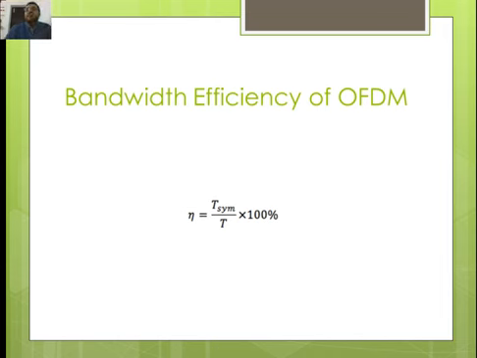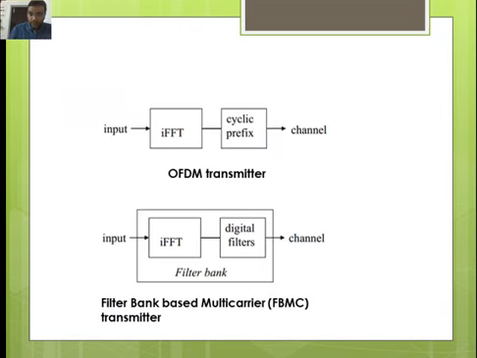This is where FBMC comes in. FBMC is targeted to solve these two problems, where you try to provide optimal prototype filters for multi-carrier communication and also achieve maximum bandwidth efficiency. In FBMC, a set of parallel data symbols are transmitted through a bank of modulated filters.